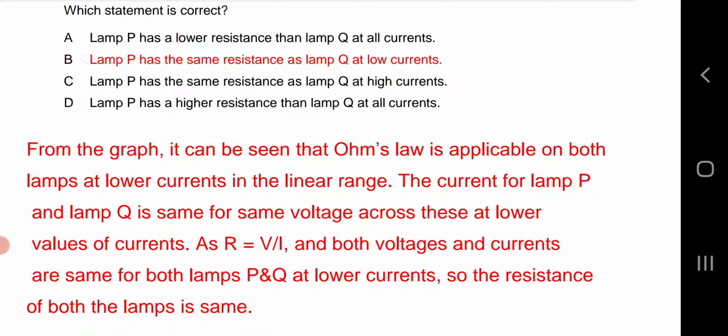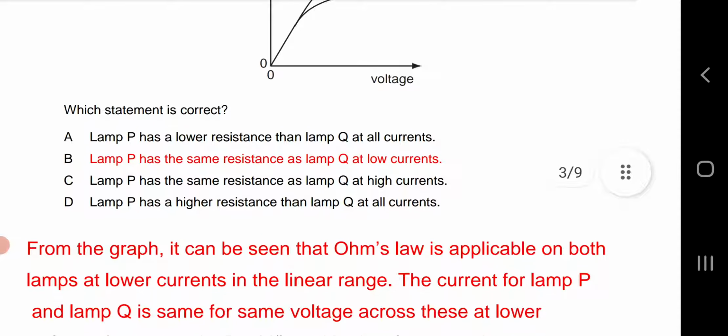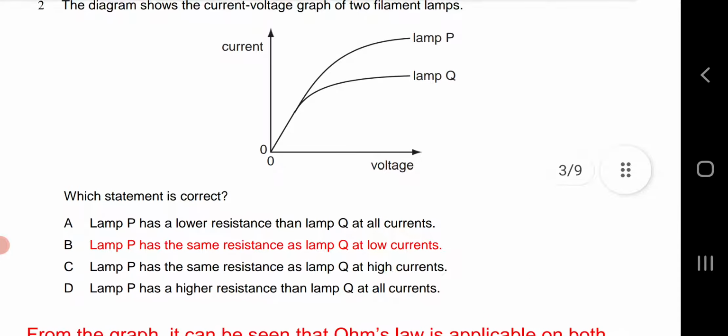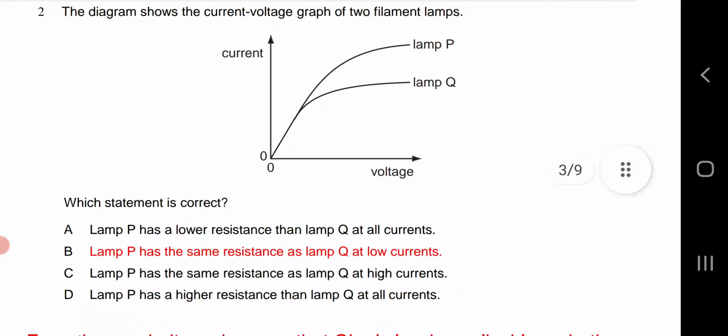As R is equal to V over I, and both voltages and currents are the same for both lamps P and Q at lower currents, the resistance of both lamps is the same. So you can see from the graph, lamps P and Q have the same current voltage characteristics for lower currents, and in this linear range Ohm's law is applicable and the resistance is the same.